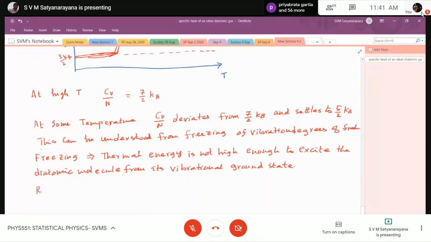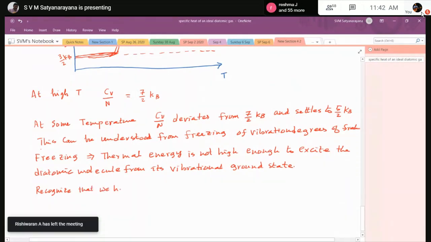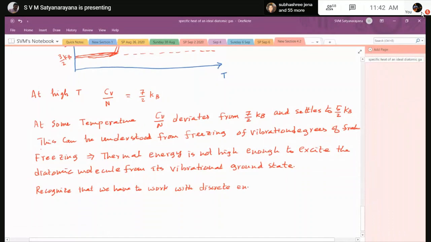So recognize that we have to work with the discrete energy spectrum of the oscillator.